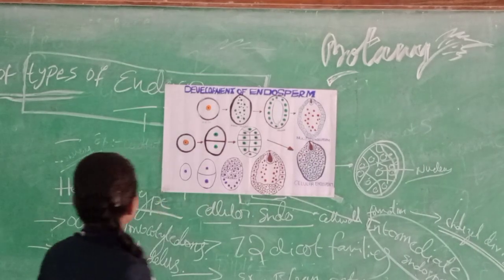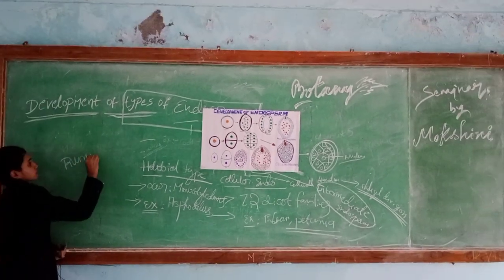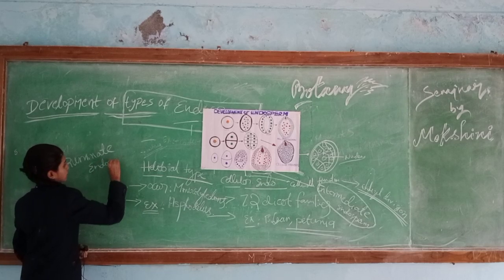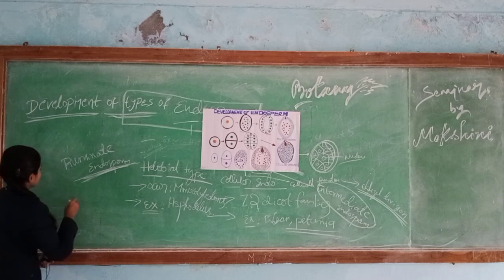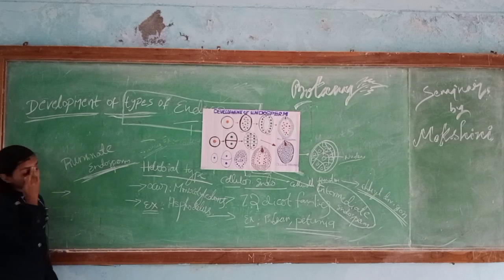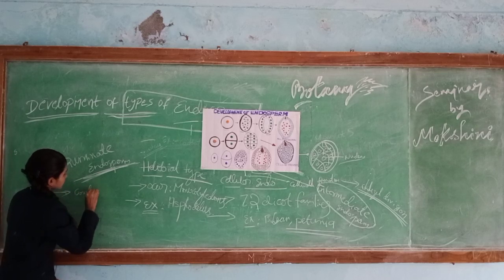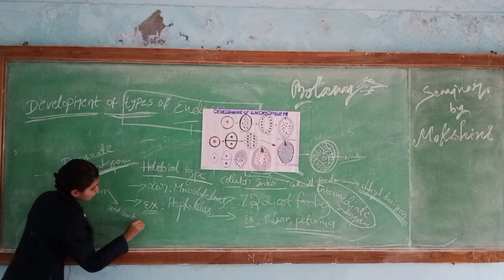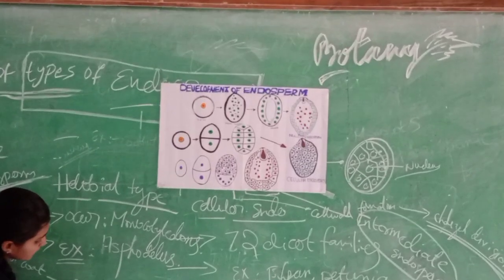Let's begin our final topic, that is ruminate endosperm. Ruminate endosperm is a condition in which the seed coat undergoes inward growth, not outward.